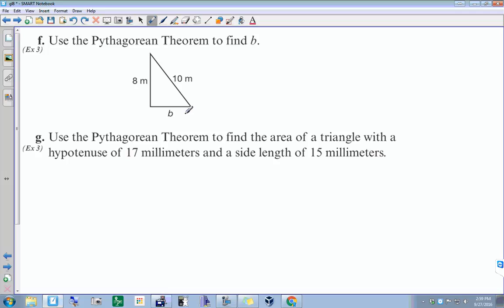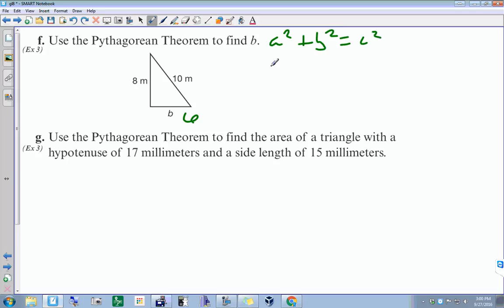What's B? B, you say, is 6. Okay, let's check. First offhand, it seems to be missing something, doesn't it? Besides that, it doesn't really identify where the right triangle is going to be, correct? But if we're supposed to use the Pythagorean theorem for this, can we make the assumption that the right angle is going to be right here? And the answer would be yes. So we're going to start off with a squared plus b squared is equal to c squared.